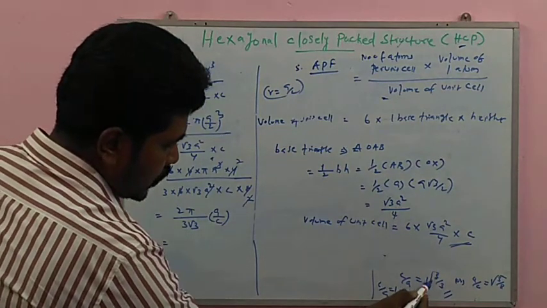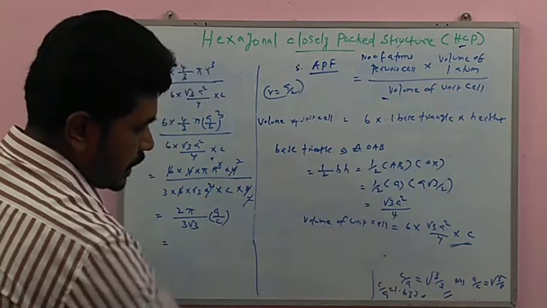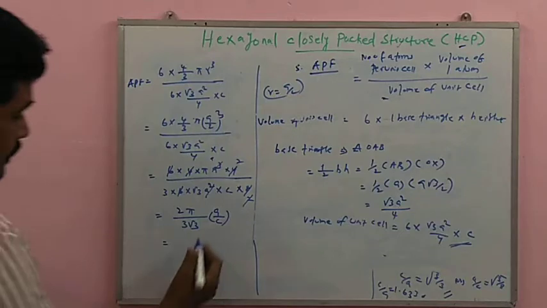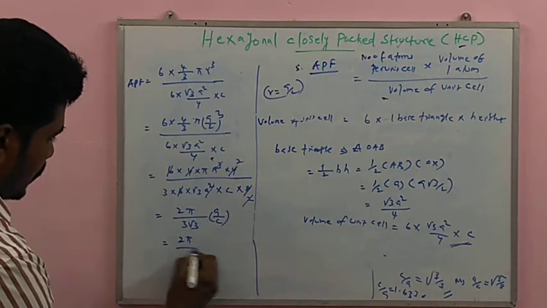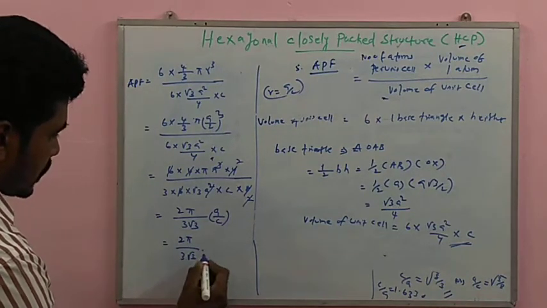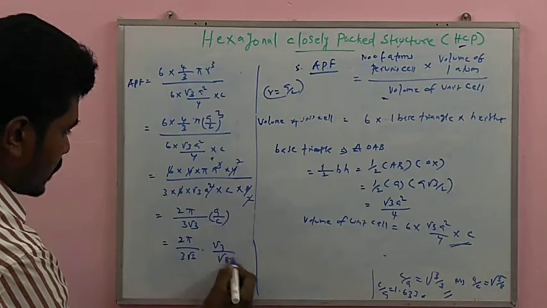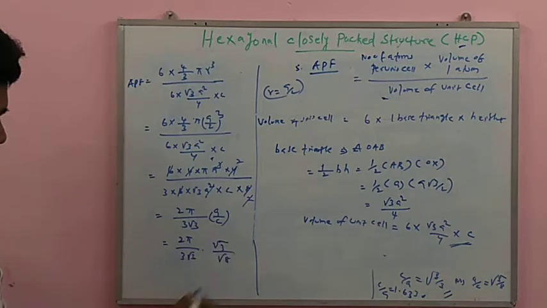C by A is equal to root of 8 by 3, so A by C is equal to root of 3 by 8. So 2 pi over 3 root 3, into root 3 by root 8. Root 3 and root 3 cancel.